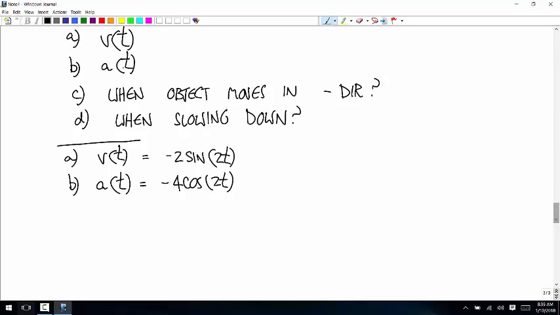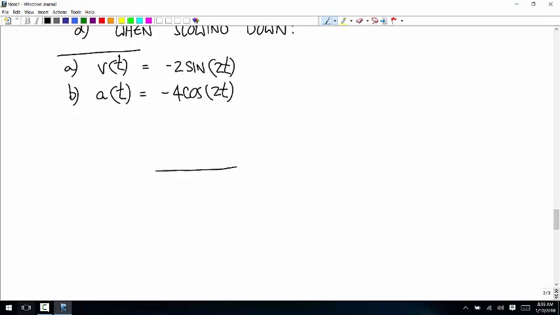The easier way is to graph the position versus time function. It looks like this. And the argument of the position function was 2t, so this is going to be going with twice the frequency. So instead of pi over 2, this would be pi over 4.